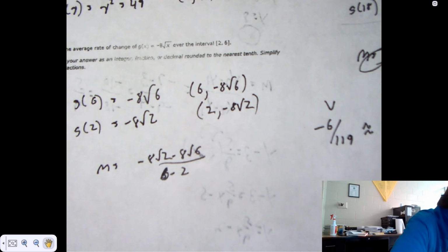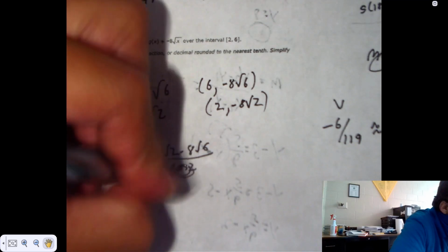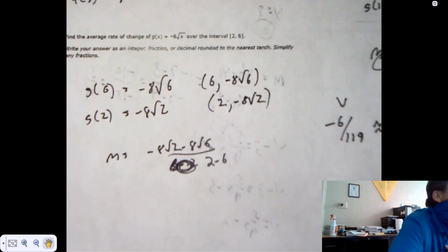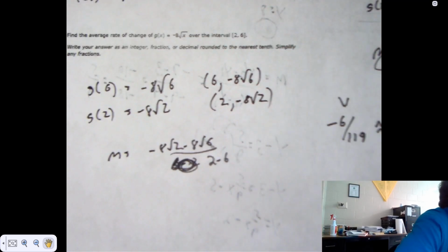No, I worked left to right. Did I not? No, you're right. I screwed it up. Thank you. I was looking up here instead of down there. But can anybody in this room do negative 8 roots of 2, take away 8 roots of 6? No, probably only 1 or 2 people in the whole world who can do it in their head.